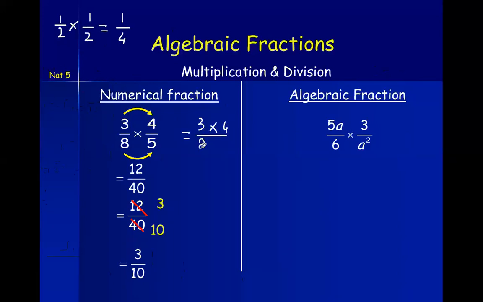And if you see this, you go, oh, I can simplify 4 and 8. Because 4 divided by 4 is 1, 8 divided by 4 is 2. And I've got my 3 times 1, which is 3, 2 times 5, which is 10. So I don't have to think about 8 times 5 and 3 times 4. It's much easier. Does that always work? Yep, it will always work.